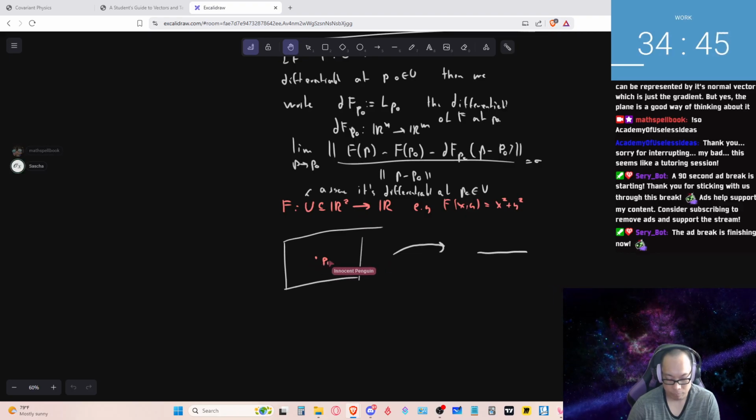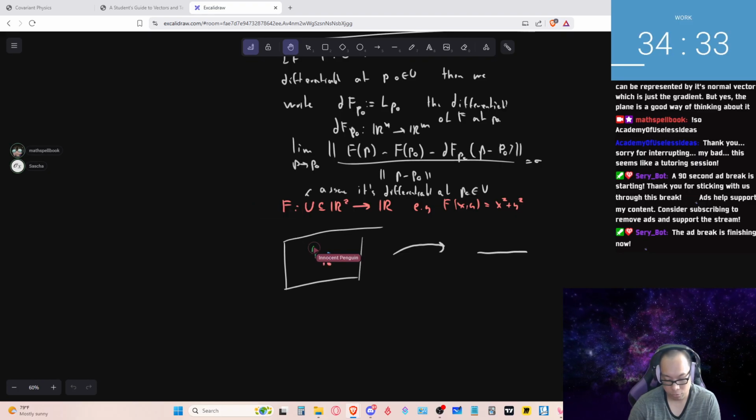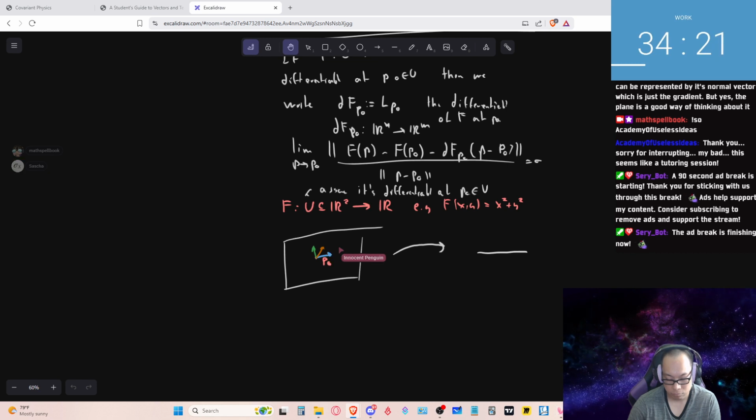Here we have a lot of directions. We can go in the horizontal direction, the vertical direction, but we can also go in some mixed direction. There are infinitely many directions we can go, pretty much every angle of a circle is a direction.